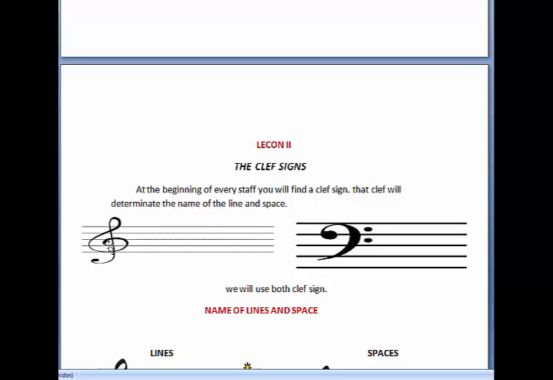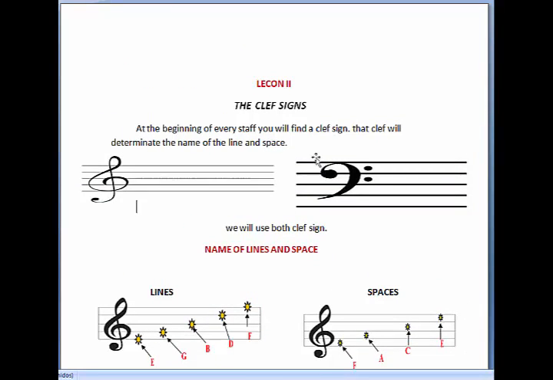When you see the G clef, any note you see on a space or line has its own name because of that clef. When you see the F clef or bass clef, any note on a space or line also has its own name.